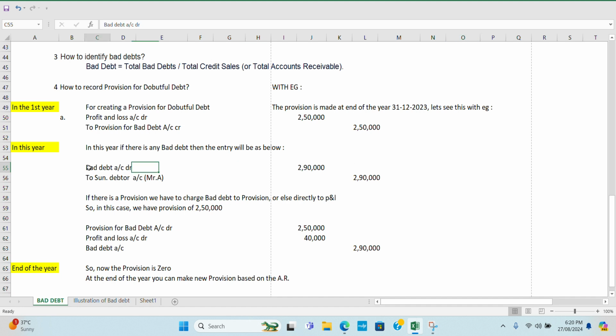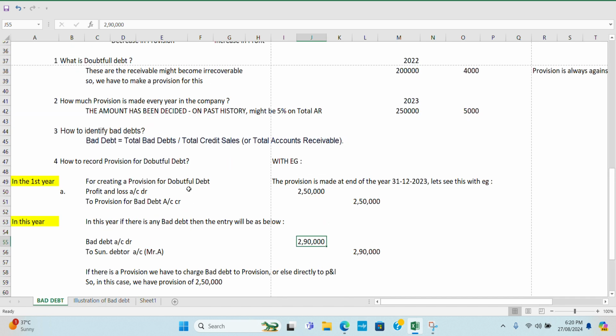I pass bad debt account debit to sundry debtor, Mr. A. There is a bad debt of one of the customers, 290,000. If there is a provision, we have to charge the bad debt to the provision. Else, you can directly charge it to P&L.